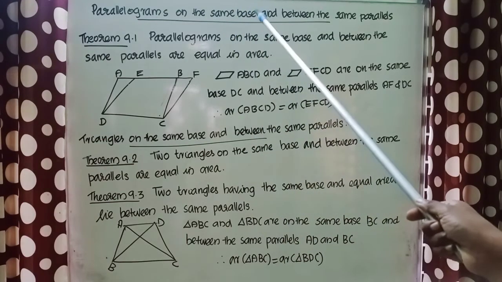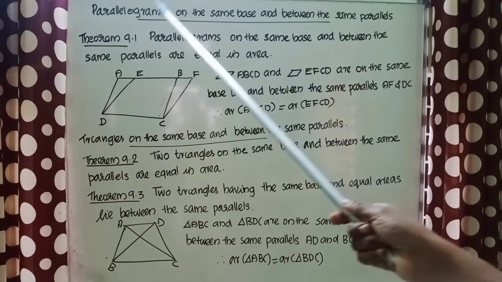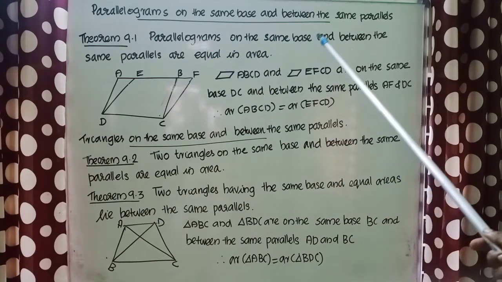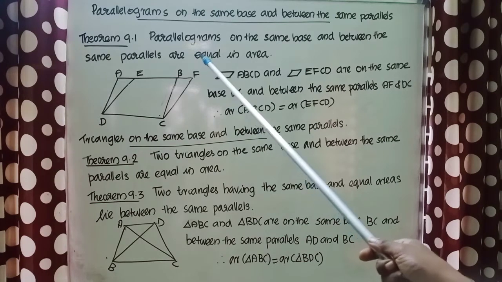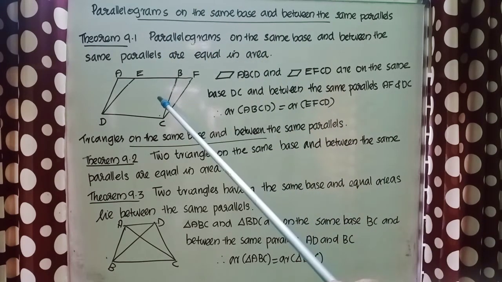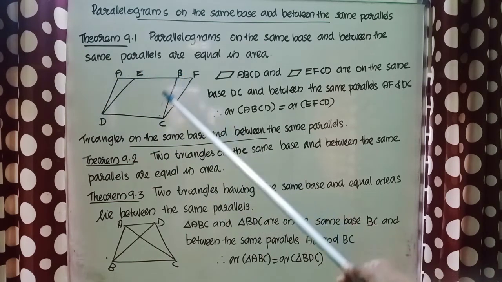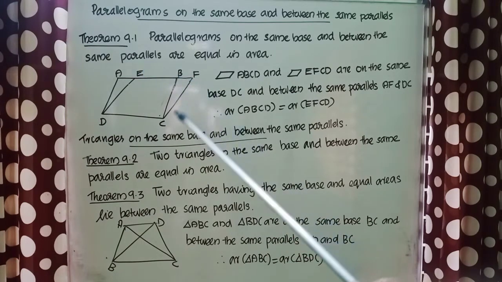Parallelograms on the same base and between the same parallels. Theorem 9.1: Parallelograms on the same base and between the same parallels are equal in area. Here you see the figure. You can see parallelogram ABCD and parallelogram EFCD.